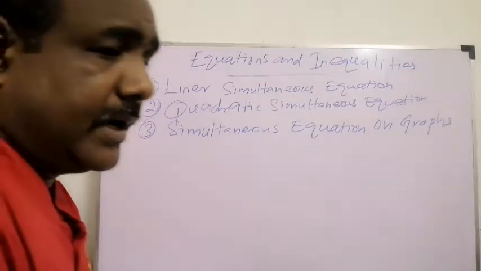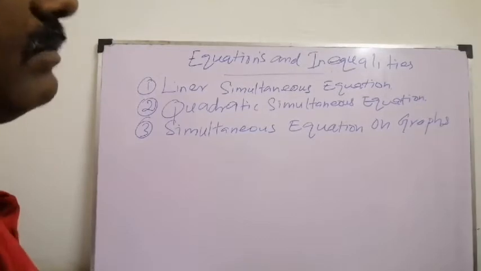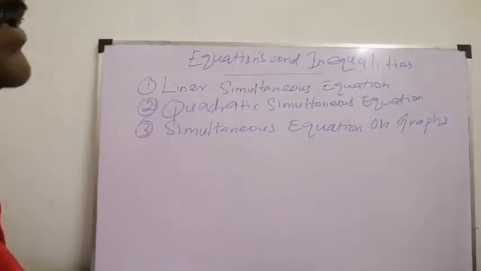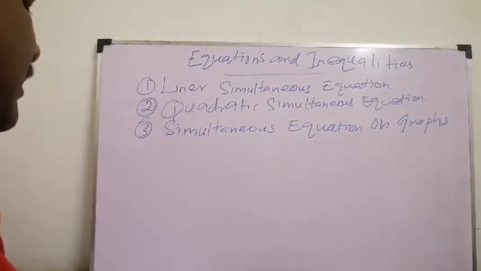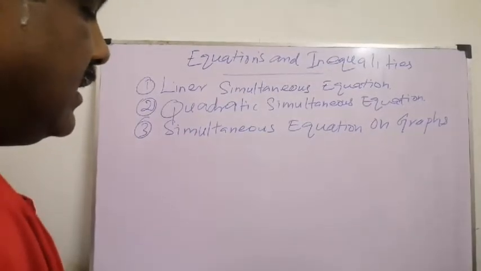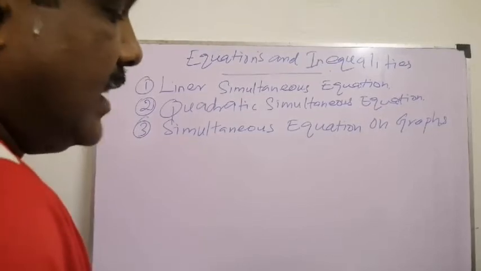So you can find a quadratic curve and a straight line, or a quadratic and another quadratic, and so on.